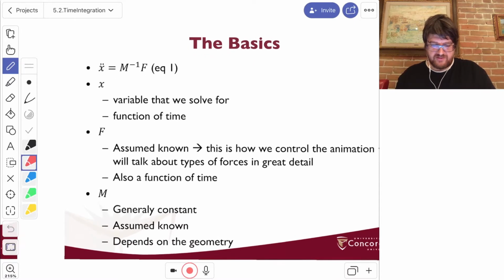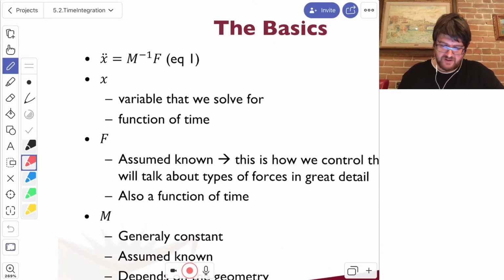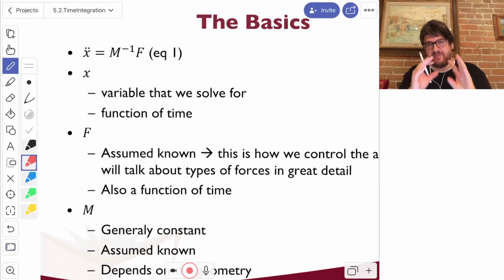So let's look at this in a little bit more detail. x is the ultimate variable we need to solve for. It is the position of my object, and again, an object can be represented by multiple points.